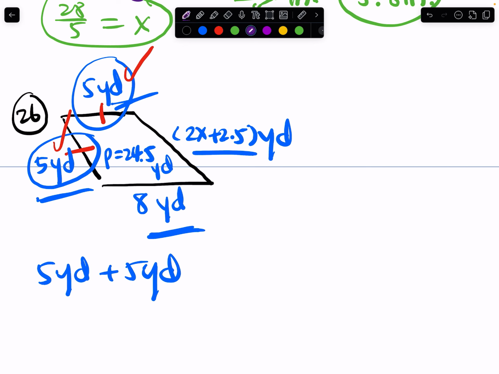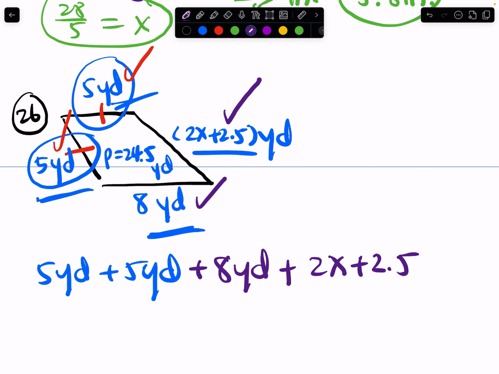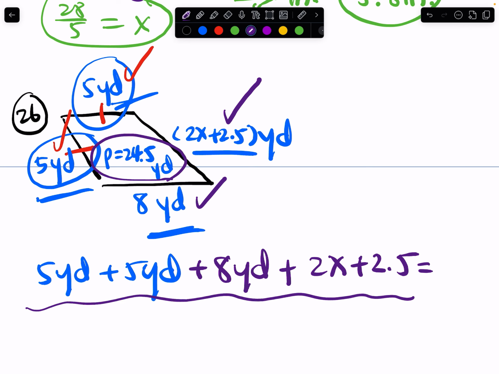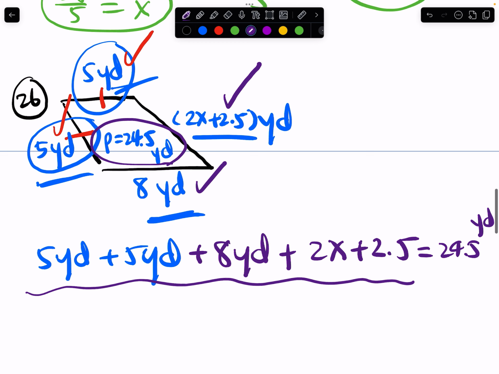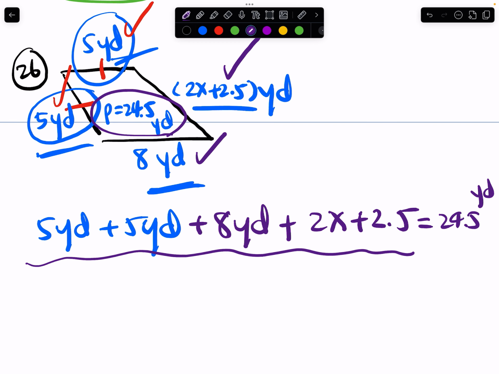My length number 3 is 8 yards, so I'm going to add 8 yards. And my length number 4 is an expression, but that should not bother me. All four lengths should add up to the perimeter, 24.5 yards. I will use green right now, after blue.